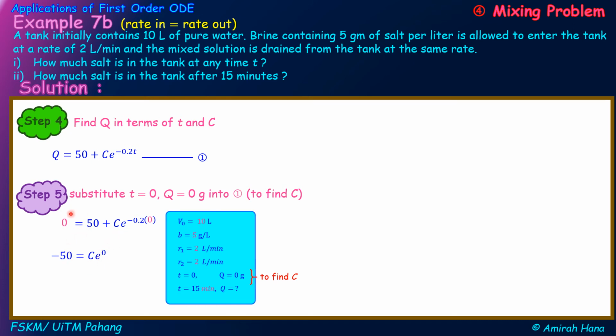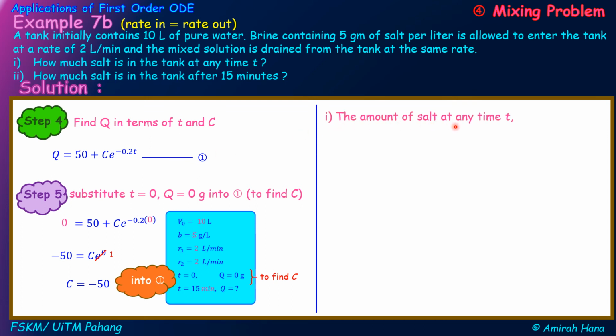After that, we move 50 to the left hand side, so we get negative 50 equals c e to the power of 0. Okay, e to the power of 0 equals 1. So we get c equals negative 50. After that, we substitute the value of c into equation 1 here.